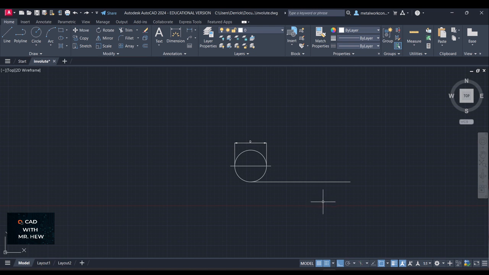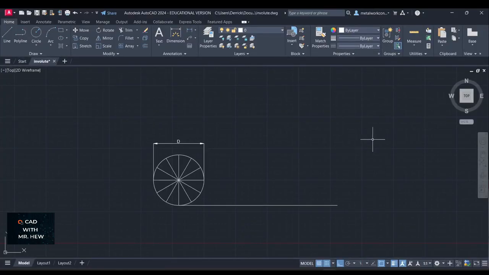The next thing we want to do is divide the circle into 12 equal parts. So here we have divided our circle into 12 equal parts.